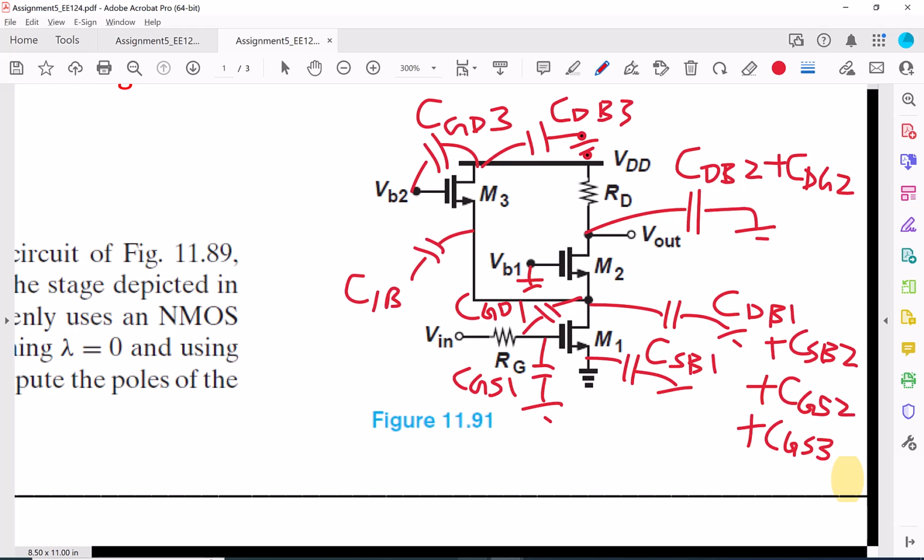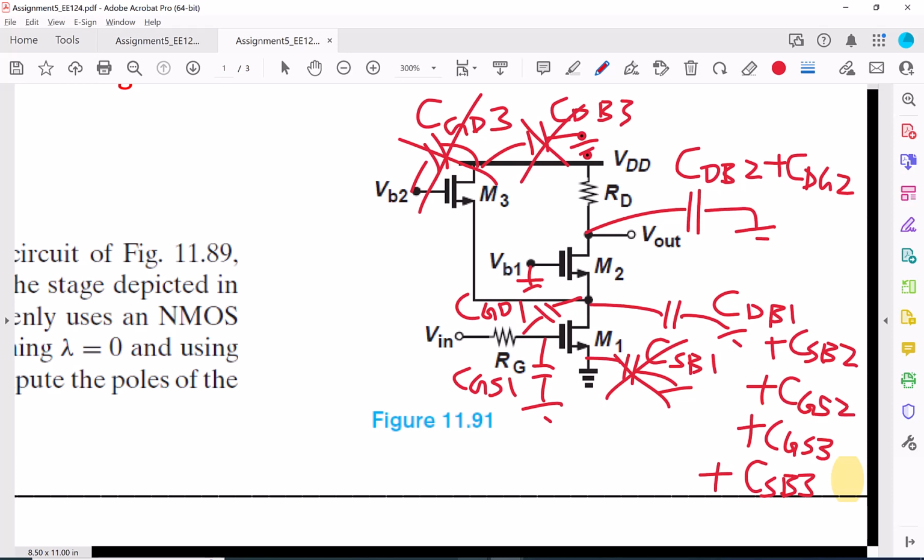But again, this one I can combine with this one, CSB3, because the B is grounded. And then now we do the simplification. This one is gone. Ground, ground. This one is gone. And what else? This one is gone. So from here, I am almost done.